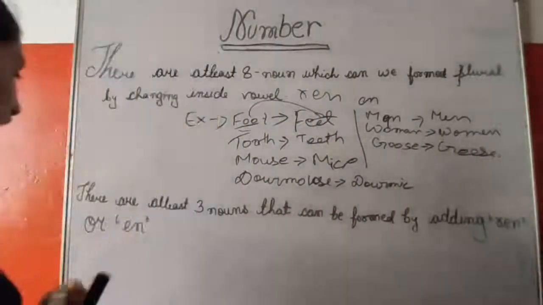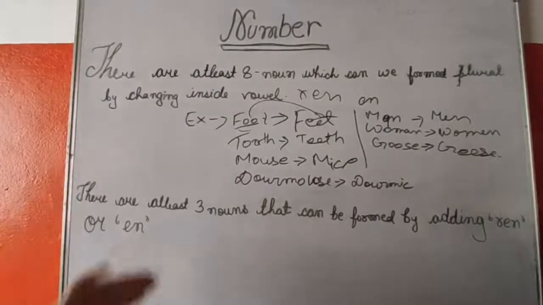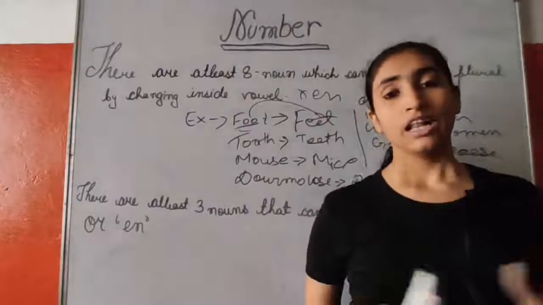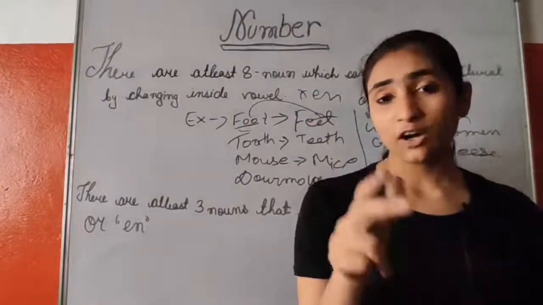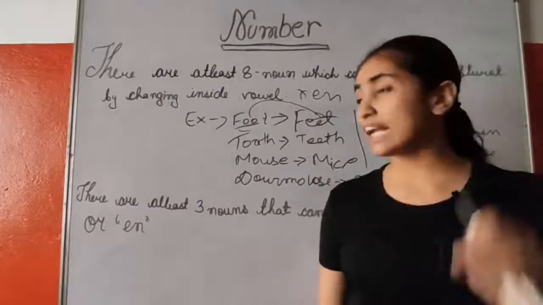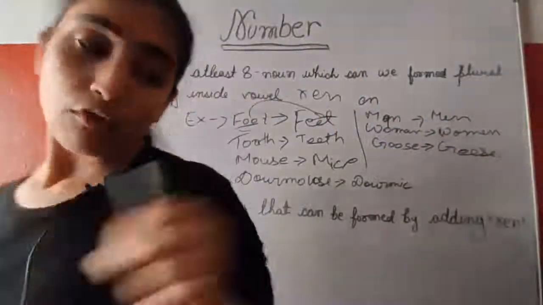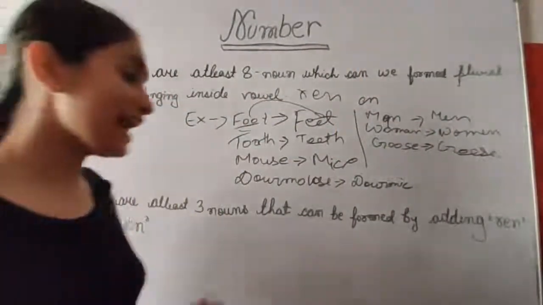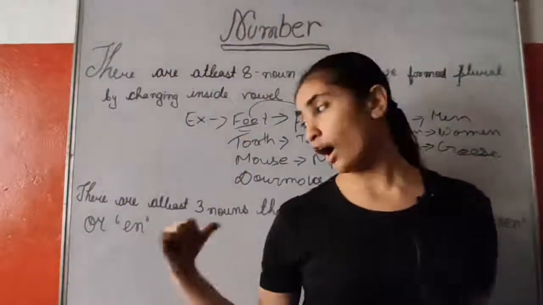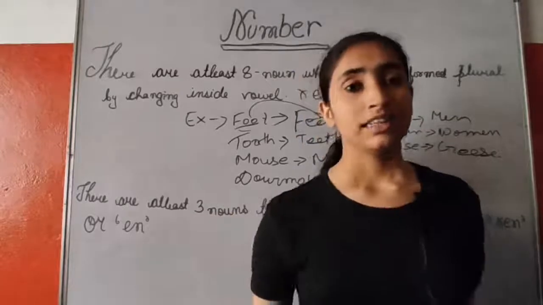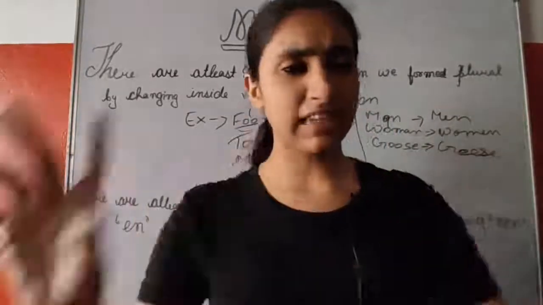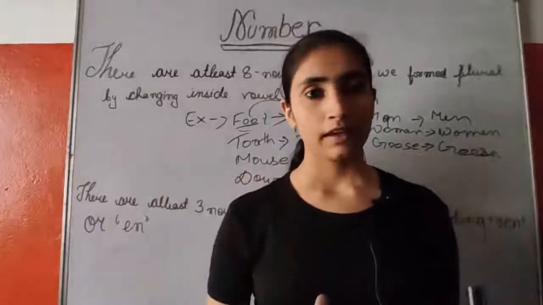Now let's move to our next rule. There are only 3 nouns that can be formed plural by adding ren or en. Just suppose I am taking the example child.